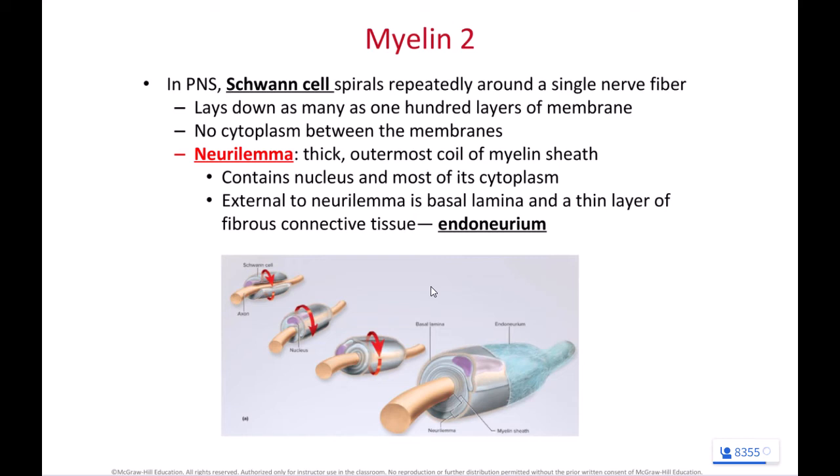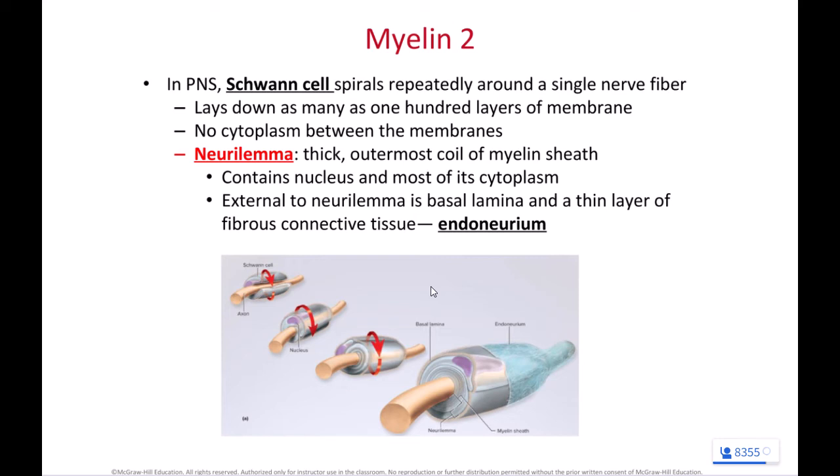The repeated layering of the cell membrane is going to contribute a lot of lipids to this myelinization process. But the outermost layer, or the outermost wrapper of this myelinization process of the Schwann cell has a special name. It's called the neurolemma.